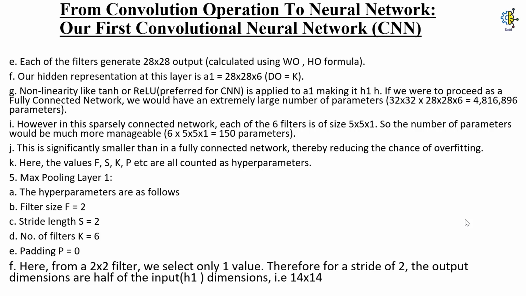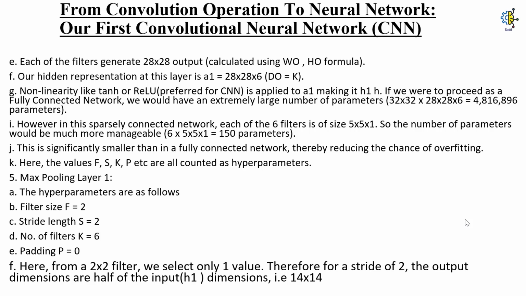Our hidden representation at this layer is A1, which is 28 cross 28 cross 6, where Do is equal to K. Non-linearity with tanh and ReLU, preferred for CNN, is applied to A1, making it H1. If we were to proceed as a fully connected network, we would have an extremely large number of parameters.